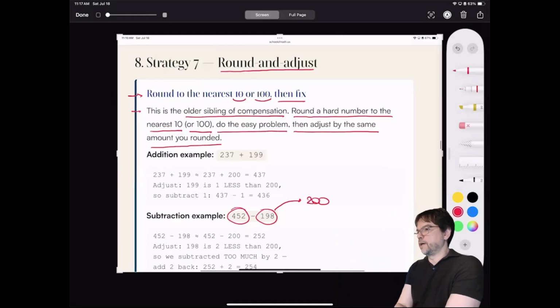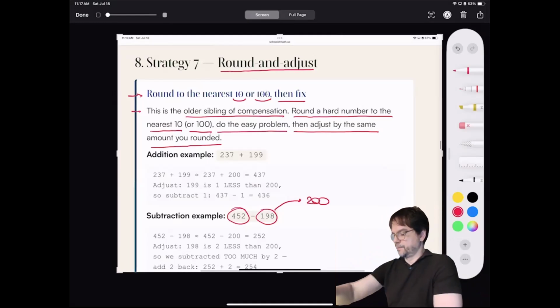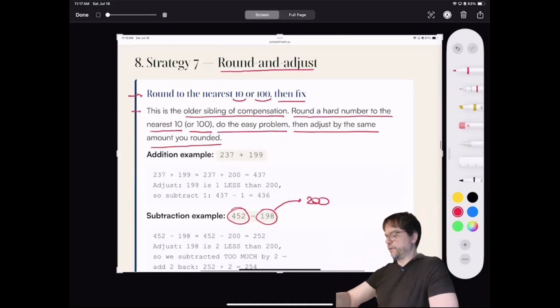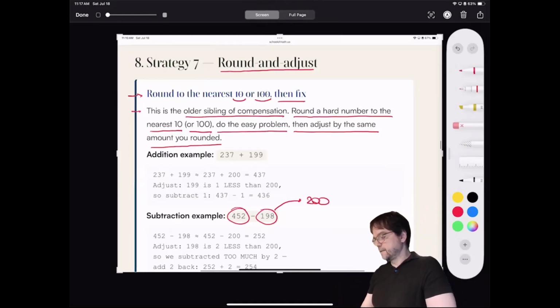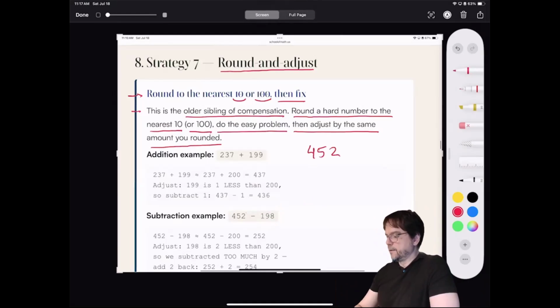From 252, I added 2. Do you agree? So it's 2 less. Is that okay? So I need to add this. Let's do it step by step. 452 minus 198.